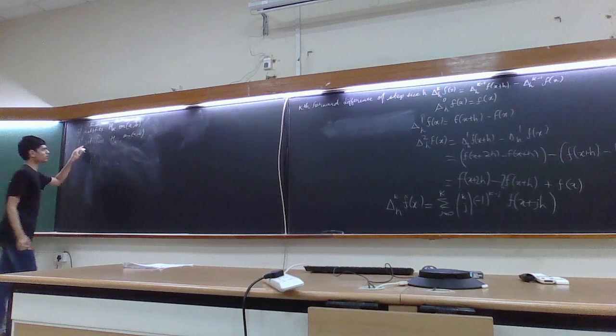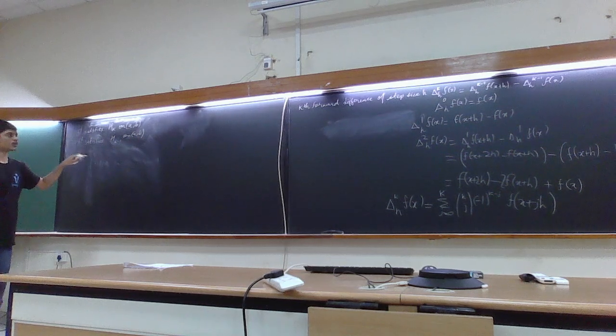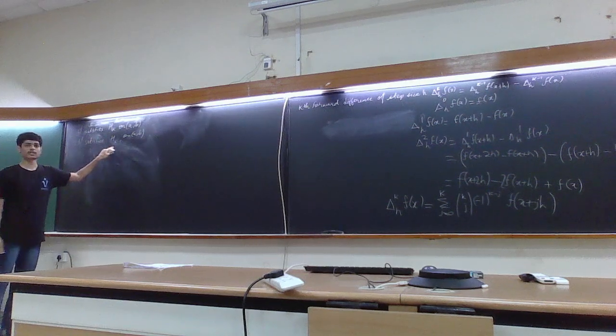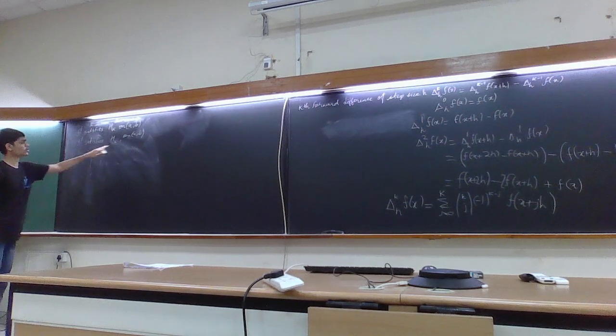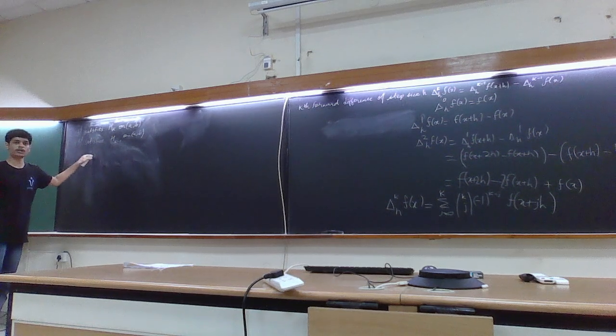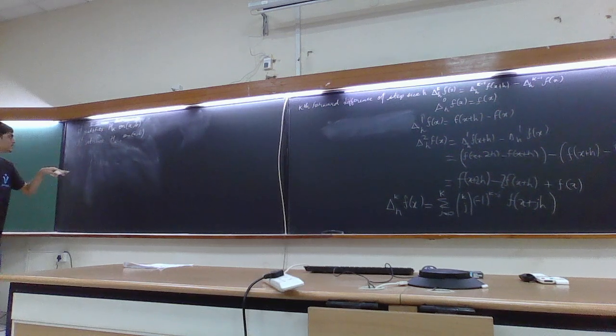What we have assumed is that for any function satisfying h k minus 1, we have the k minus third order derivative, which, for f prime, is the k minus second order derivative for f.